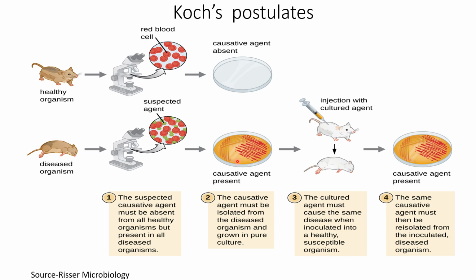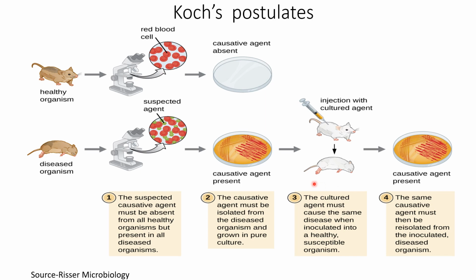Next, what you must do is take the pure culture of this organism and inoculate it in a healthy animal, the animal which does not have any disease. Inoculate that pure culture in the healthy animal and observe. Now, if this animal again suffers from the same disease that this animal suffered with the same type of symptoms, then that is the third criterion that you have satisfied.